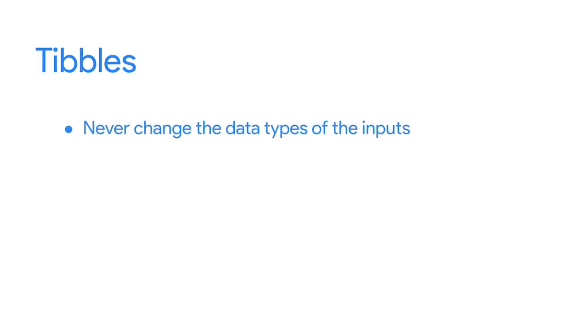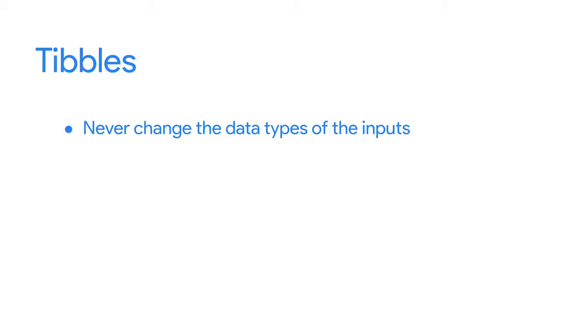In the tidyverse, tibbles are like streamlined data frames. They make working with data easier, but they're a little different from standard data frames. First, tibbles never change the data types of the inputs. They won't change your strings to factors or anything else. You can make more changes to base data frames, but tibbles are easier to use. This saves time because you won't have to do as much cleaning or changing data types in tibbles.